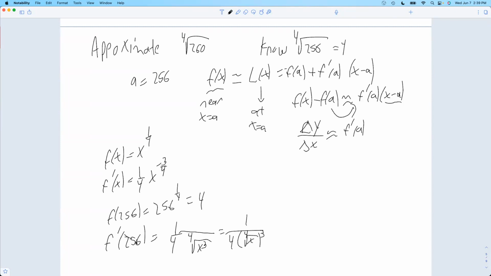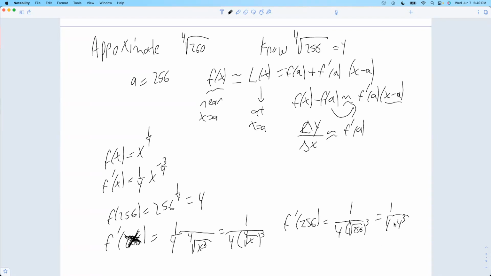Oh, sorry, this is f prime of x. So f prime at 256 would be 1/4 times the fourth root of 256. Take that answer, cube it, and then multiply by 4. The fourth root of 256 is 4, so I get a 4 cubed there.